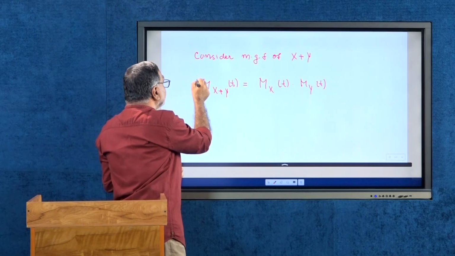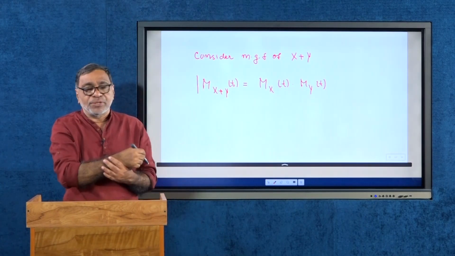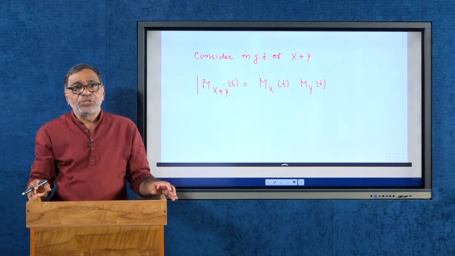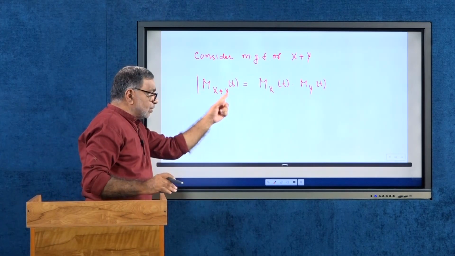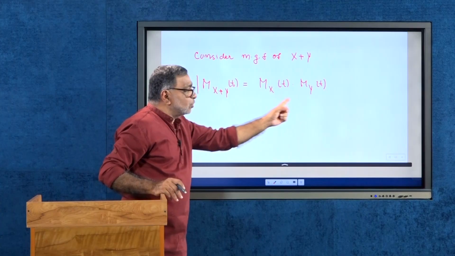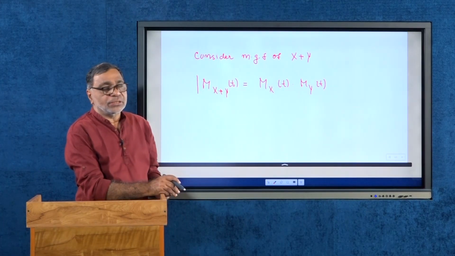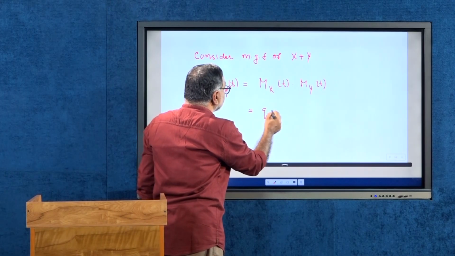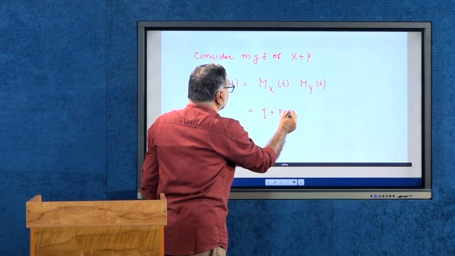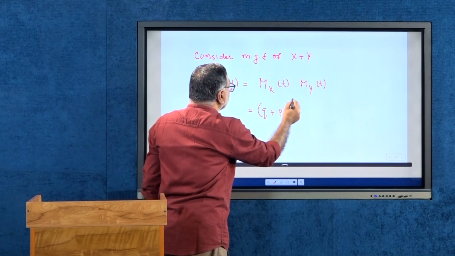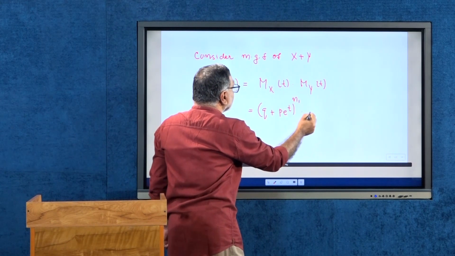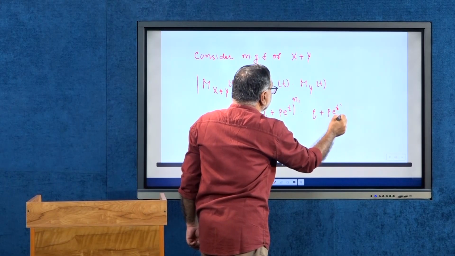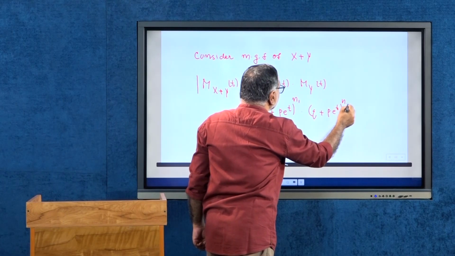This is a property of the moment generating function. If x and y are two independent random variables, the moment generating function of the sum of random variables is equal to the product of the moment generating functions. Substitute the values. This is q plus p e power t all power n1 into q plus p e power t all power n2.